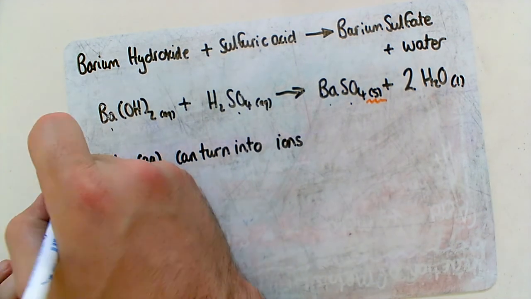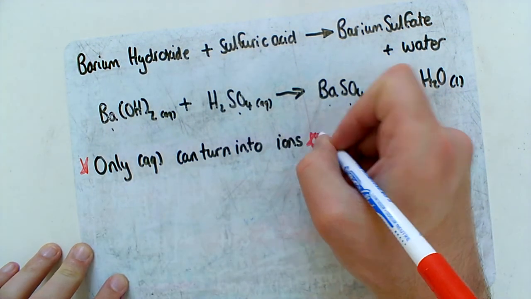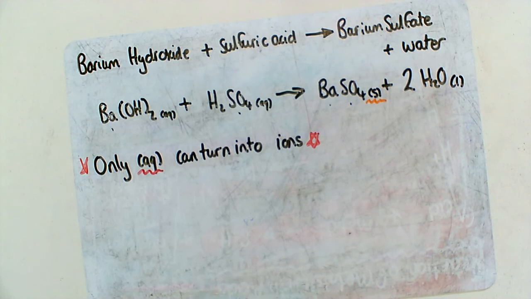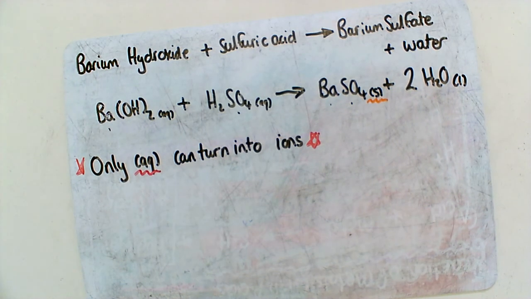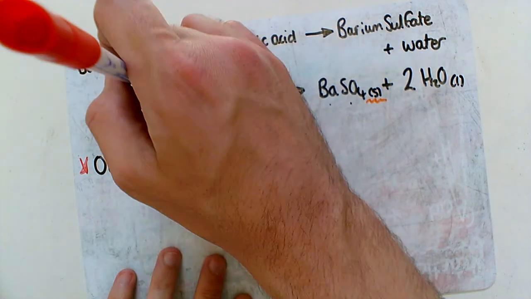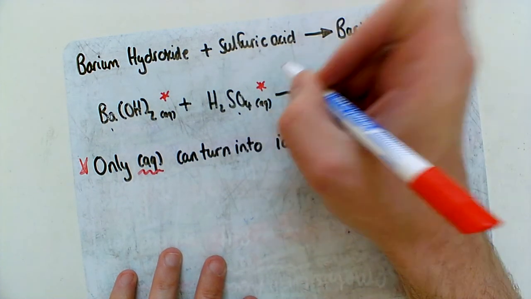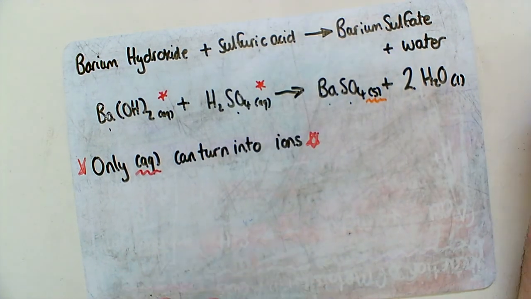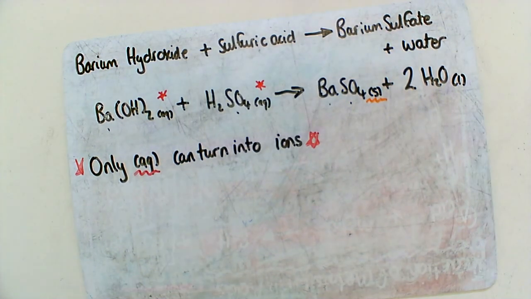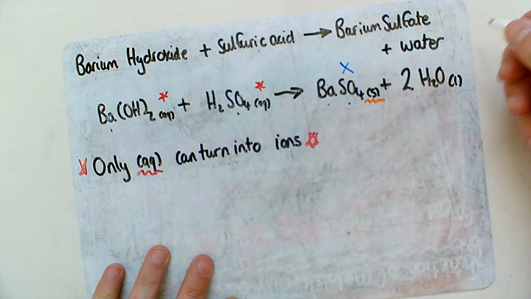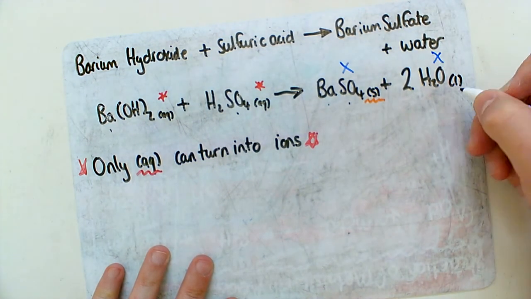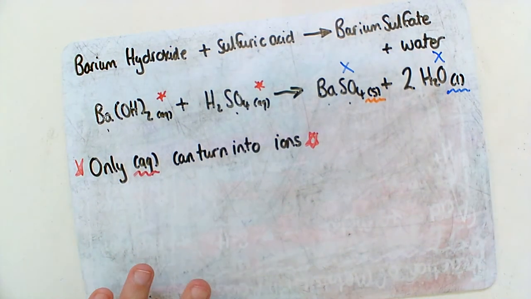Remember, only AQ. So let's put a star above the chemicals that we can turn into ions. Well, we've got AQ here, we've got AQ here, but no, can't do it with this one, and can't do it with that one because that's a liquid. That's a solid, so we can't.